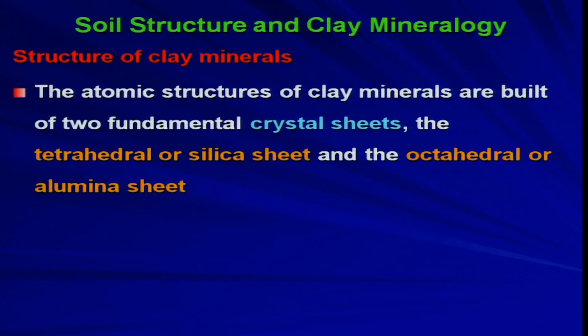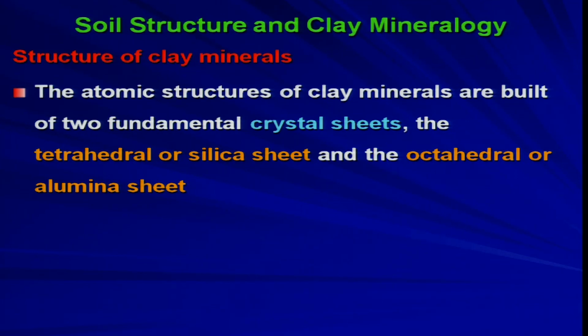Structure of clay minerals. The atomic structure of clay minerals is built of two fundamental crystal sheets. So, whatever clay minerals you have seen, kaolin or montmorillonite or illite, the atomic structure of the clay minerals is built of two fundamental crystal sheets. Not more than that, two fundamental crystal sheets.